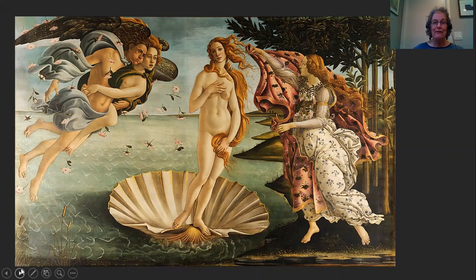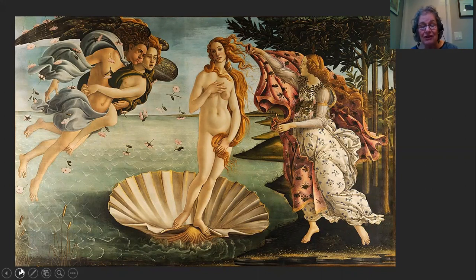And it is out of the foam that's created from that that Venus springs fully formed. So here you have the goddess of love and beauty and laughter and marriage coming out of this totally grisly tale. Interesting.